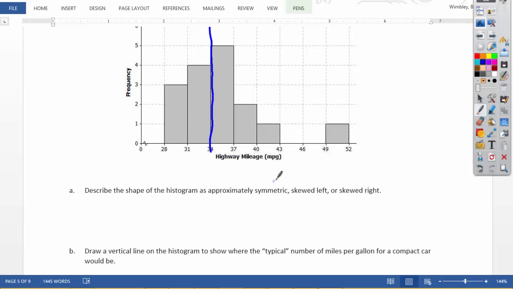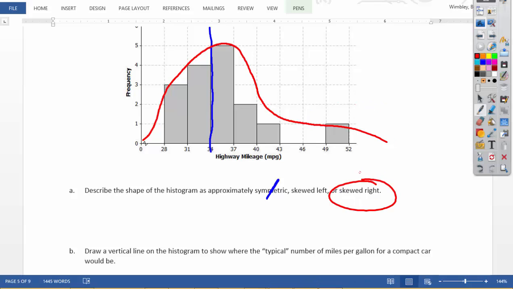It's not the same as the right and left, so I know it's going to be skewed left or right. So let's think. If I draw my outline, where is that tail? Well, that tail is on the right, so it is a skewed right.